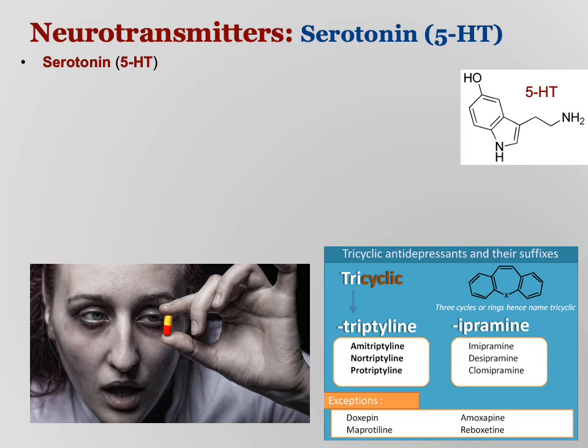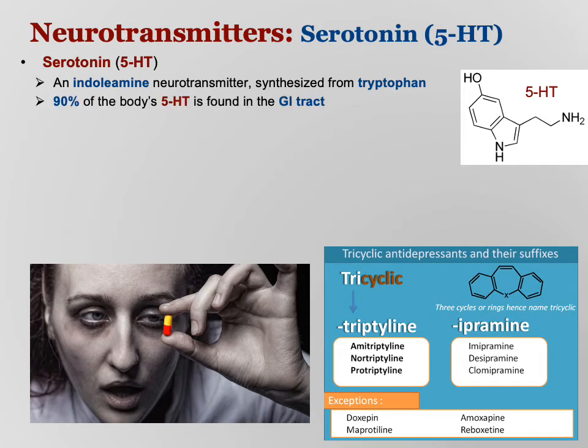So serotonin, again, its more technical name, 5-HT, 5-hydroxytryptamine. It's made from the amino acid tryptophan. 90% of your body's 5-HT, by the way, is found in your GI tract. Has a lot to do with digestion. All right, only a small amount is found in your brain.